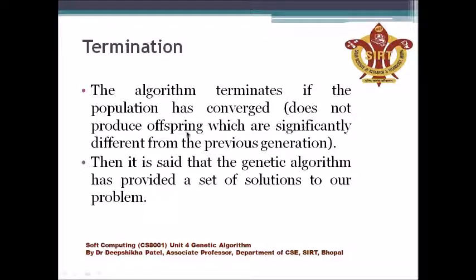If we do not produce offspring which are significantly different from the previous generation, and repeatedly get the same offspring, that is the condition when the population converges. Then it is said that the genetic algorithm has provided a set of solutions, and finally at that point we got our solution.